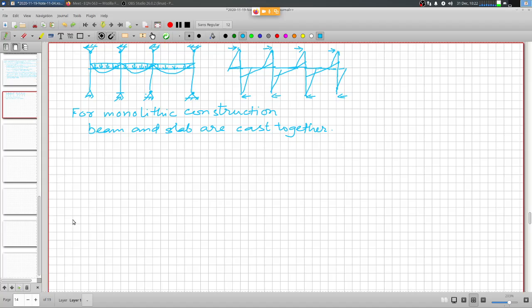But this assumption of neglecting contribution of, let's say, effective flanges. There would be some extent of the slab which will be effective as the flange for the beam.